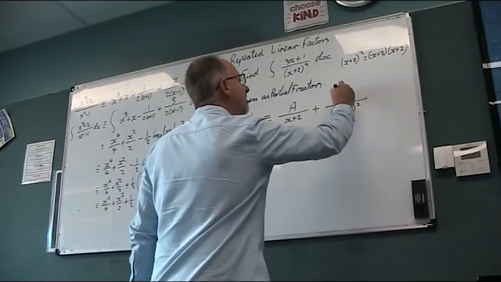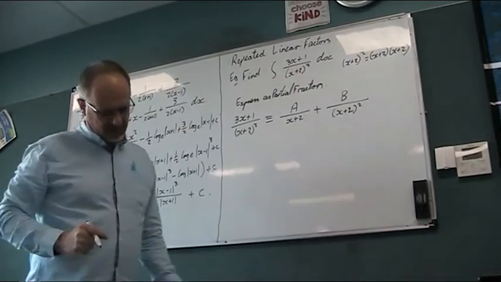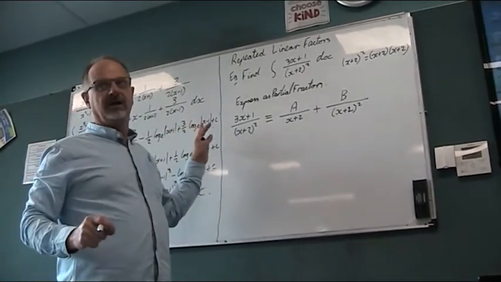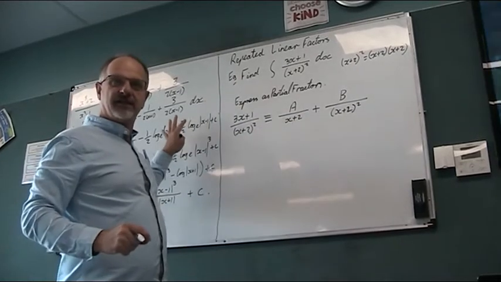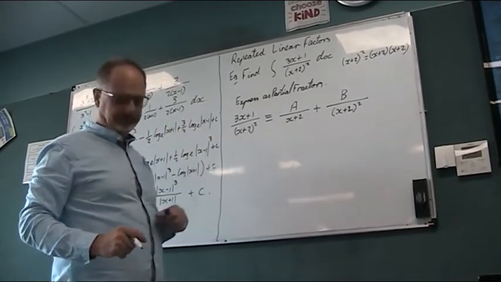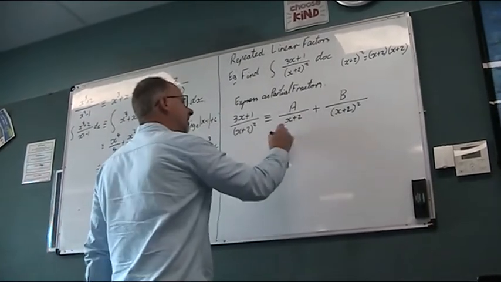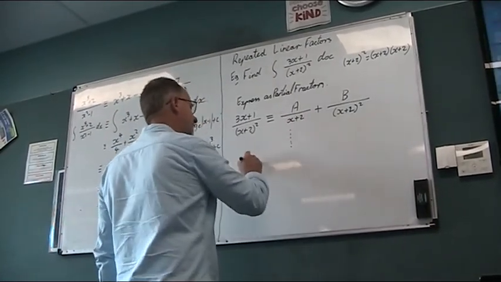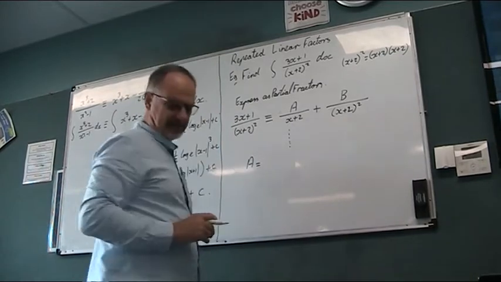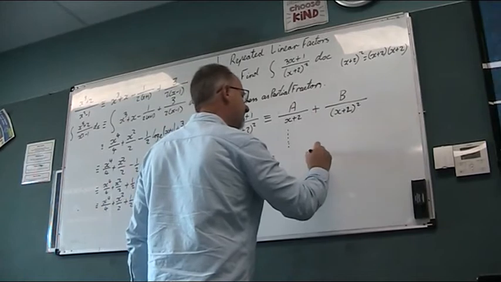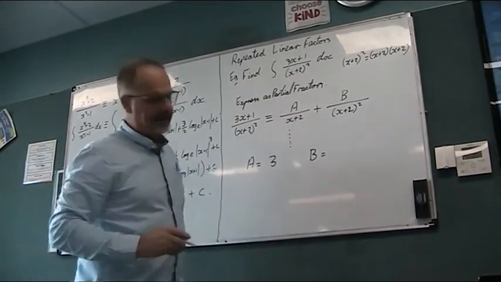My bad, B. If you do this by hand, you'd follow the process of that first example I did. But if you use your calculator, what you find is that A is 3 and B is -5.